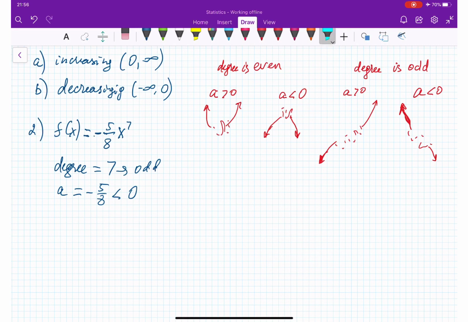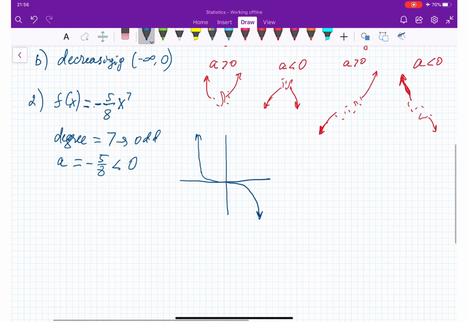Here we have odd and less than 0, and this is going to be our form. So that means the graph is going to look like coming from here and then going down here. Something like that. That's the shape.